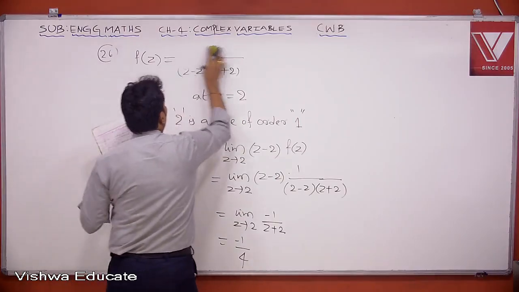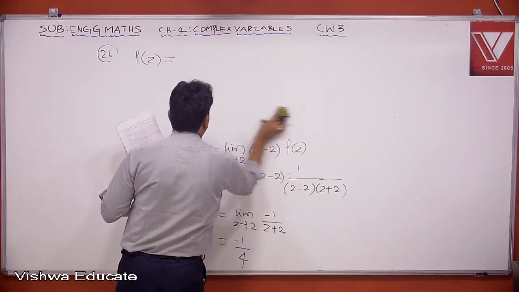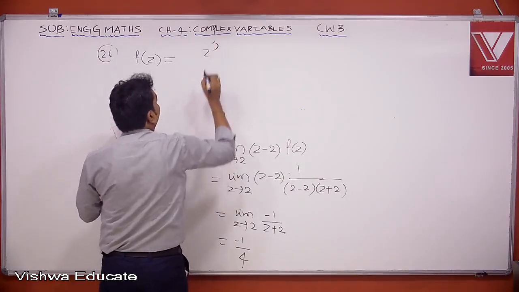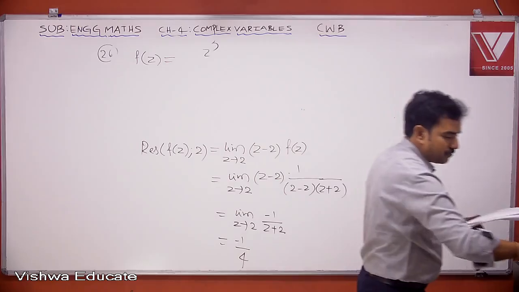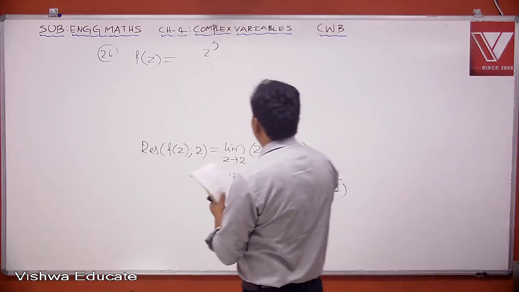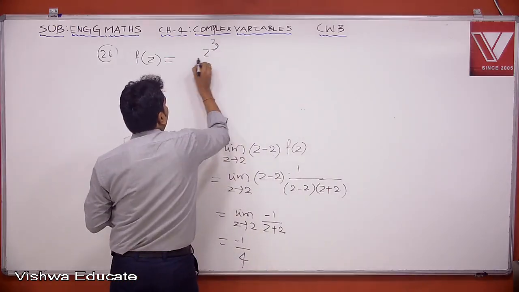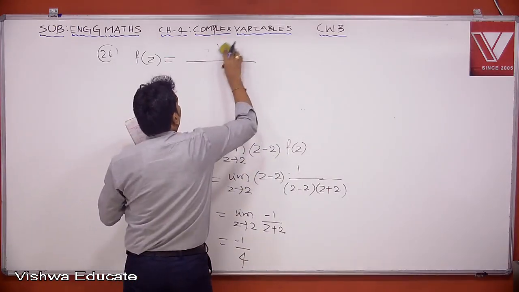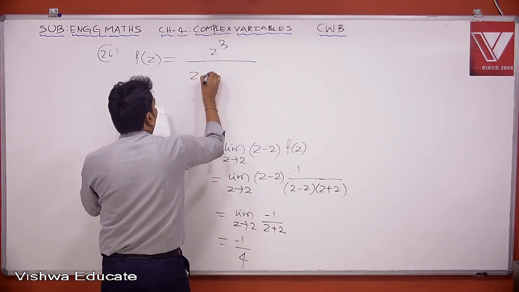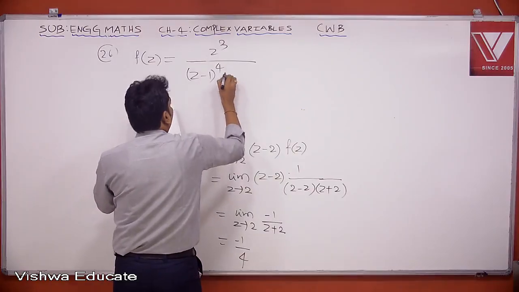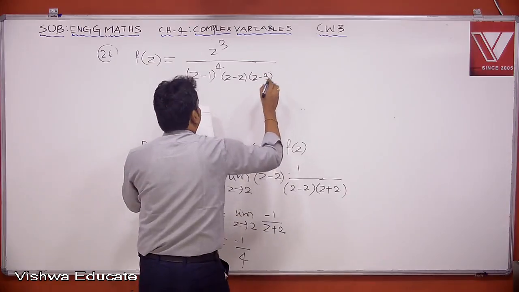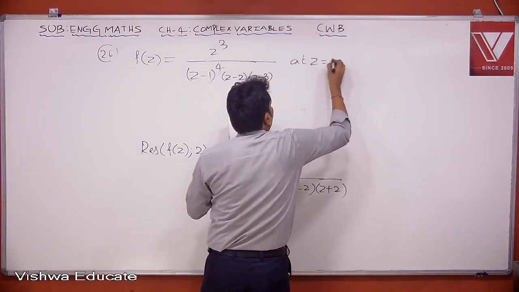The residue of the function f of z equal to z cube divided by (z minus 1) whole power 4 into (z minus 2) into (z minus 3) at z equal to 3.